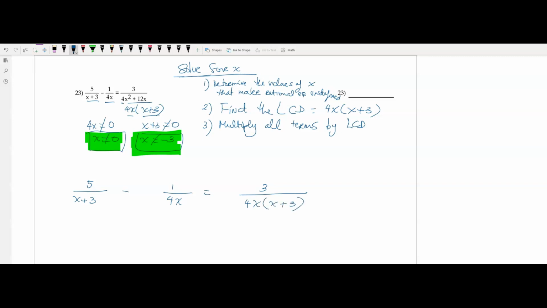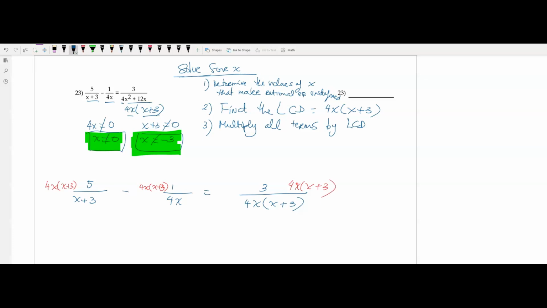And now I'm going to multiply all the terms by the LCD. So we have the 3 terms here: 4x times x plus 3, 4x times x plus 3, and 4 times 4x times x plus 3.